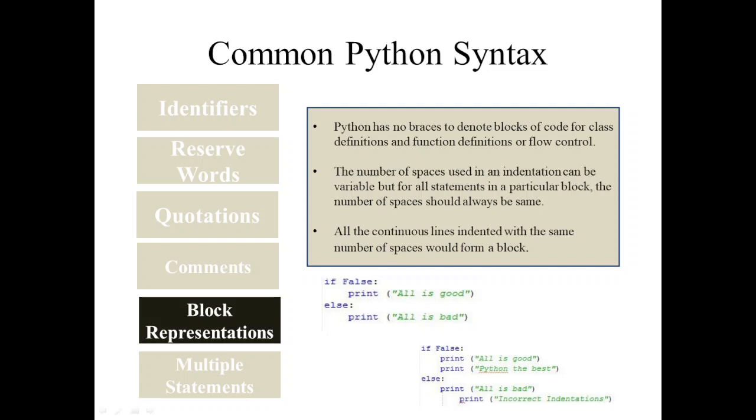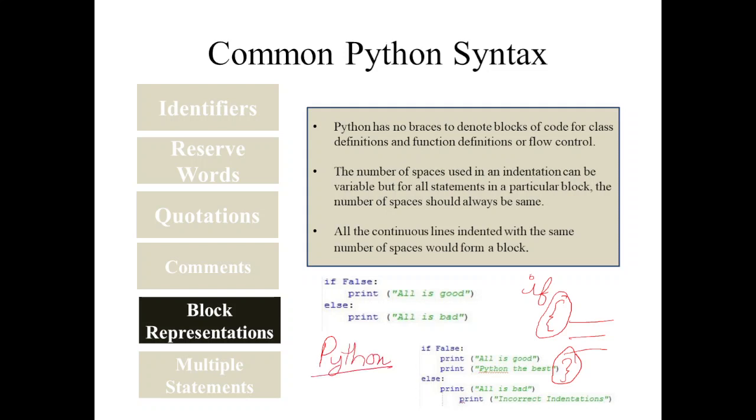Okay, next is block representation. In some languages, for example, you are using an if condition, and if this condition is true, then this block should be executed. So we use brackets in some languages to display the block, but in many languages we do not use brackets. In Python we use spaces.